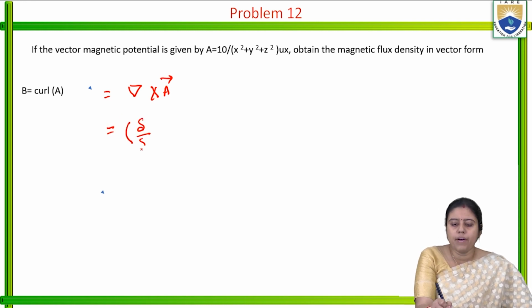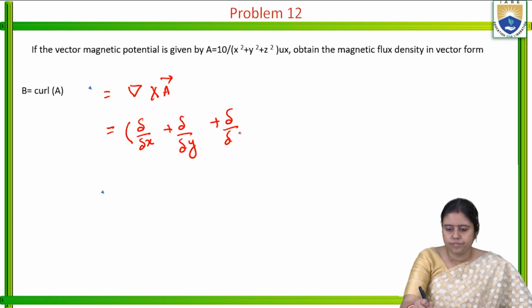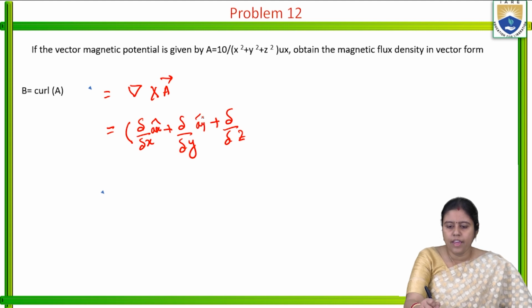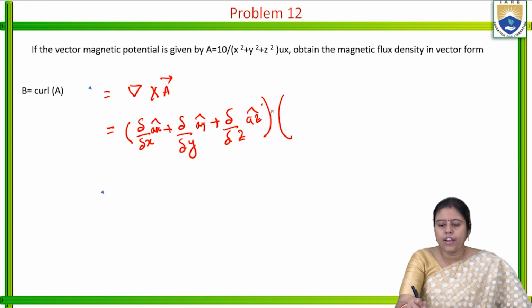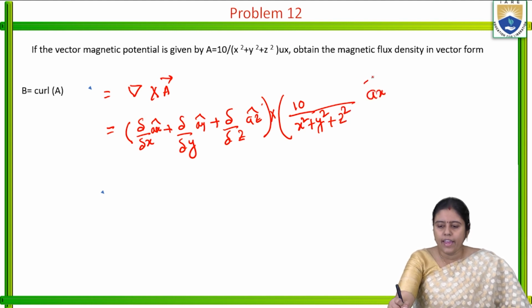Grad means del by del x plus del by del y plus del by del z, ax, ay, az, of A. A is 10 by x square plus y square plus z square. Ux means nothing but the ax.